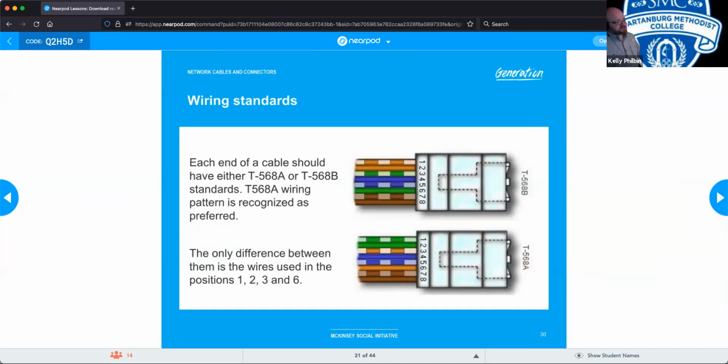As you'll notice, it's not just the oranges, the greens, the blues, and the browns together. They actually are separated a bit, and they utilize different patterns. We do have a mnemonic to help you remember the orders. 568B is the most common.